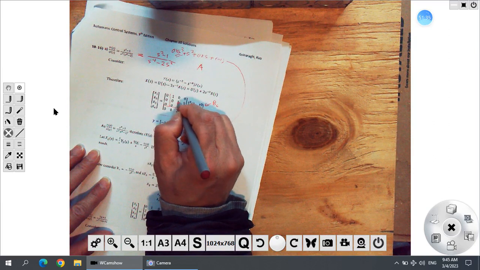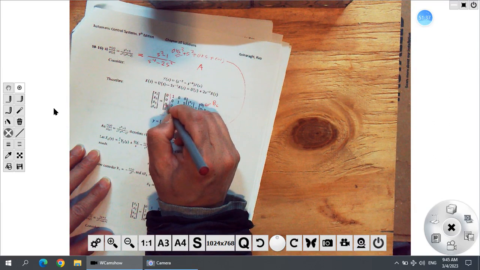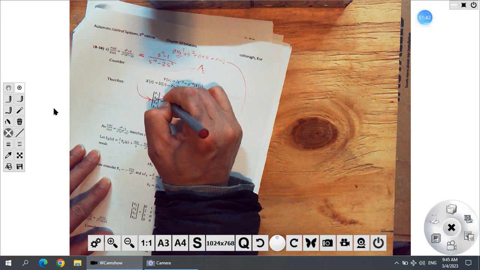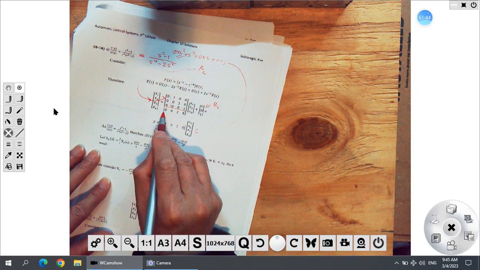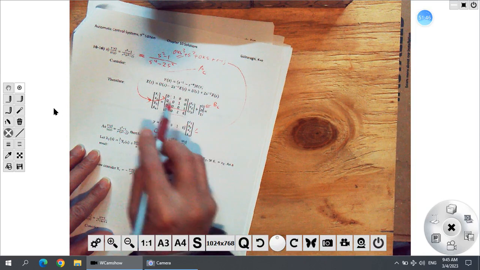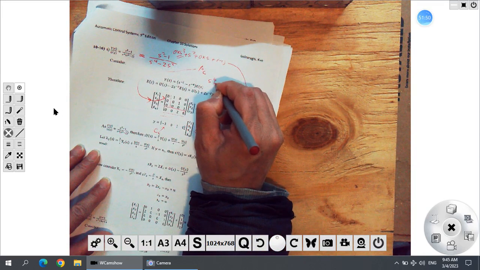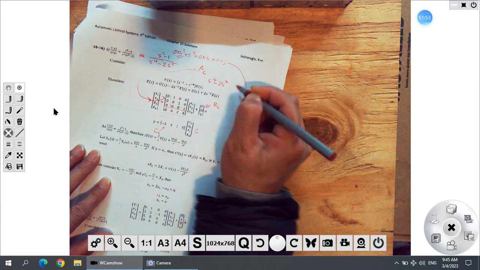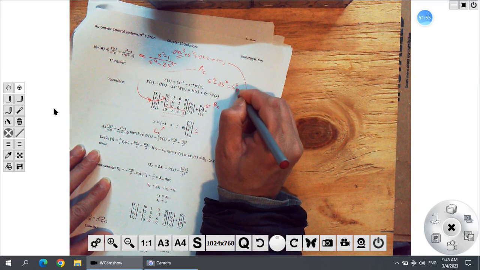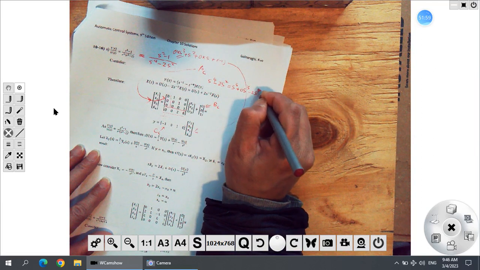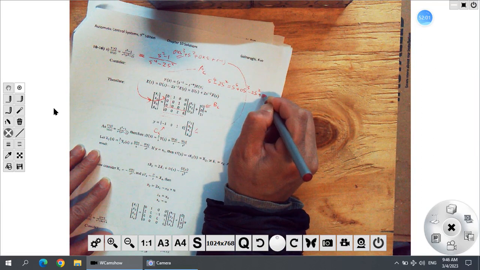This is a unit matrix. This is 0. This is AC. And the last row is coming from here. This one, s to the 4th minus 2s squared equals s to the 4th plus 0 times s cubed minus 2 times s squared plus 0 times s plus 0.